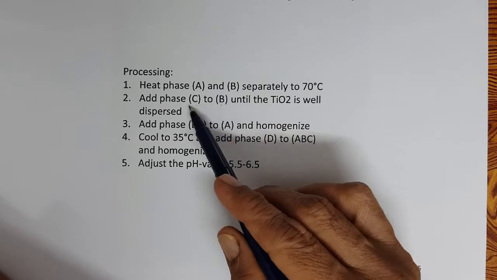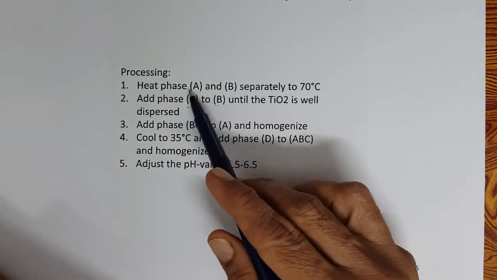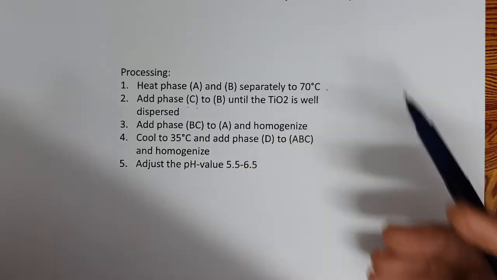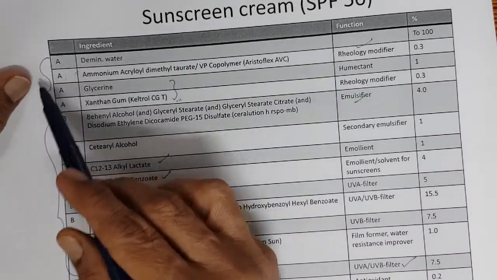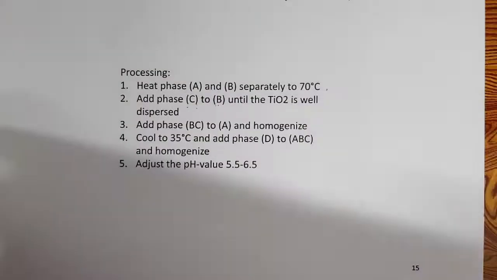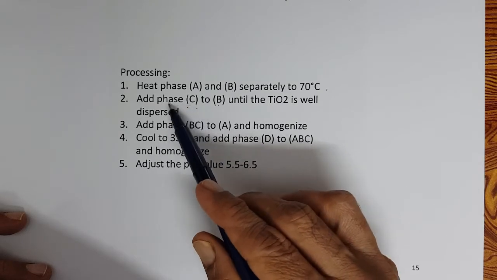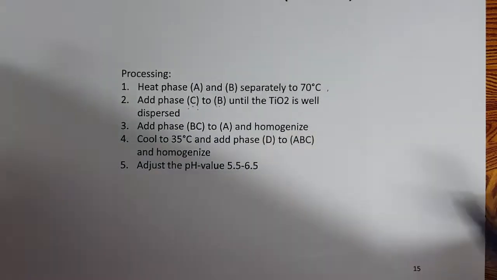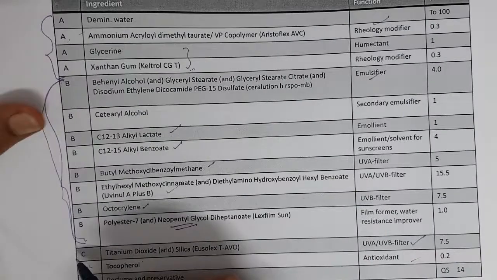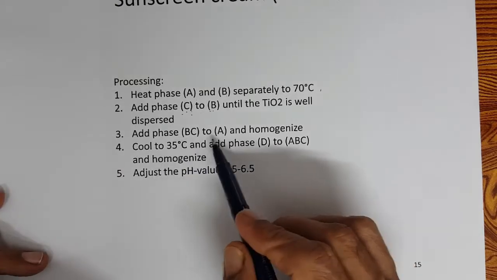So phase C to B, heat phase A and phase B separately to 70 degrees. So phase A and phase B heat to 70 degrees. So add phase C to B, add phase C to B, all the things, right? That's it.